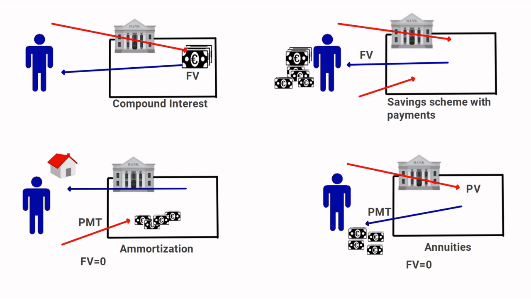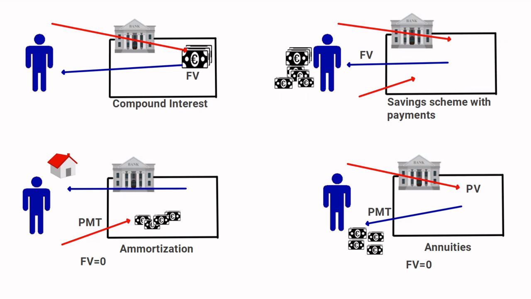Again, we notice that the present value and the PMT will have different signs because the present value was the initial lump sum, so that was going into the bank, whereas the payments were coming out of the bank. So PV and PMT will have different signs in this case.